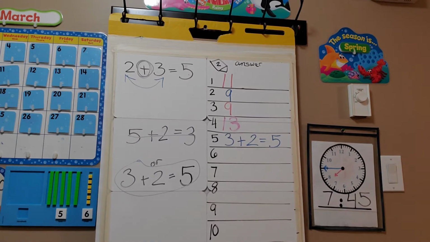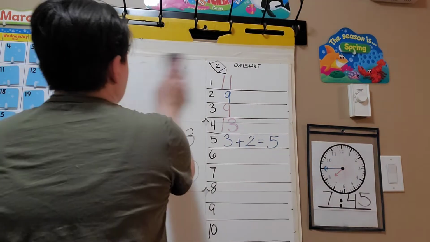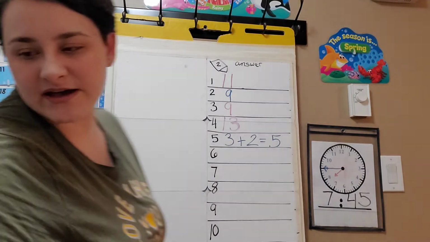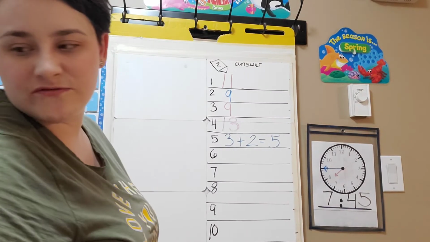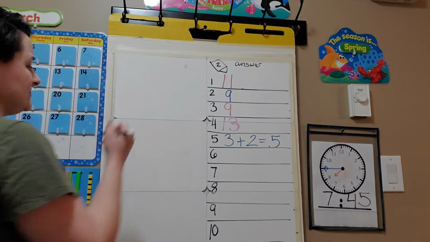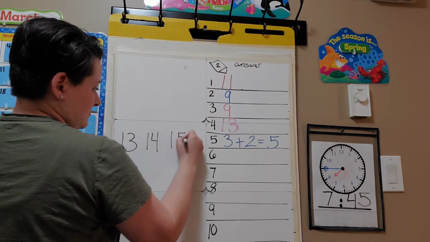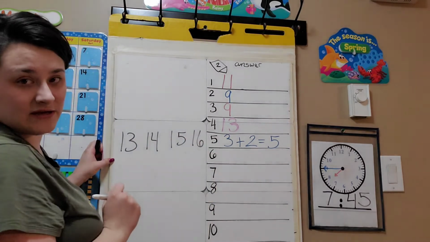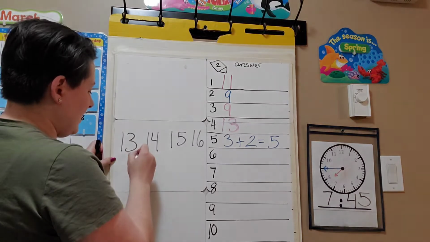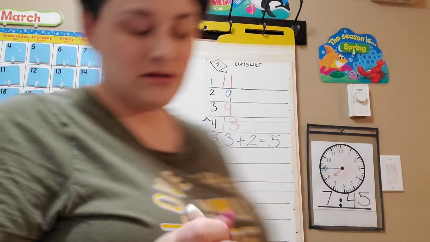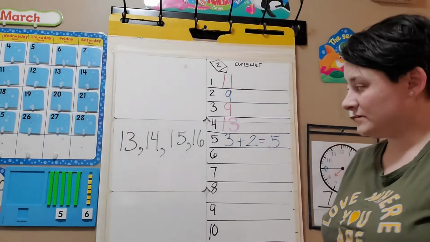Number 6, are the numbers in order? They give us 13, 14, 15, 16. Now, I have a complaint. On your paper, I think they should have had commas to separate a list of numbers.